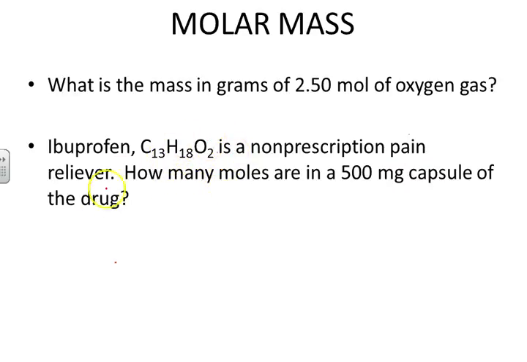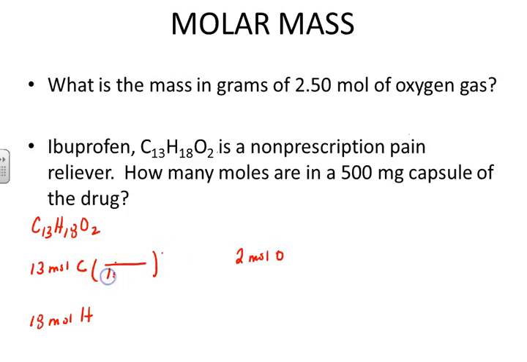Okay, so there are 2 different things that we have to do. One of those would be we need to find the molar mass of C13H18O2. So we have 13 moles of carbon, 18 moles of hydrogen, and 2 moles of oxygen.